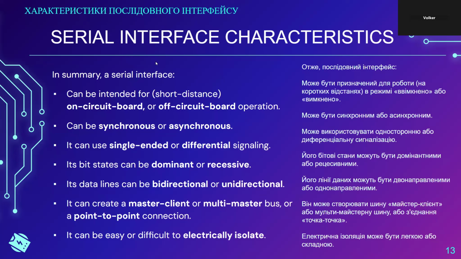Again, a quick comment to bidirectional. In an asynchronous interface environment, generally we call this half duplex. If the interface is bidirectional, it can also be called half duplex. The serial interface can create a master client or a multi-master bus or a point-to-point connection.